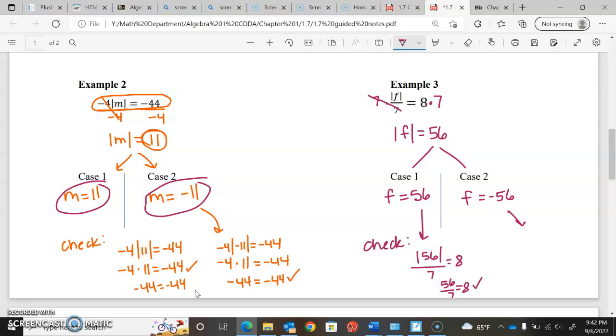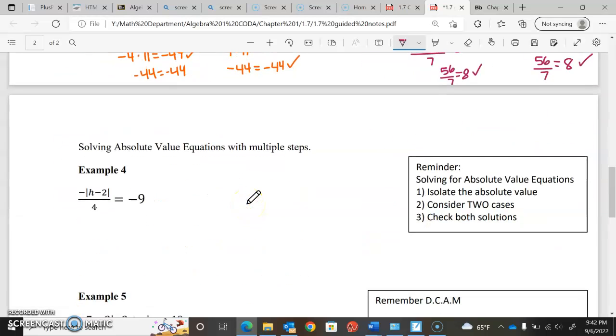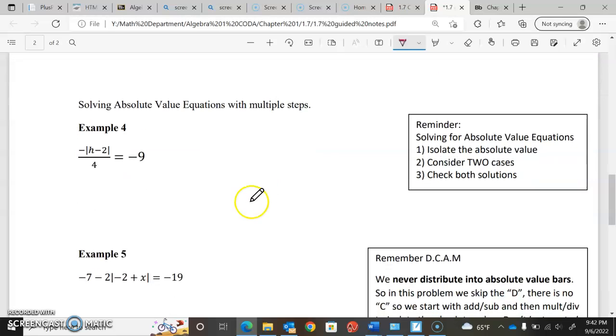Now let's plug in -56 back in for f. Well, the absolute value of -56 is also 56, and 56 divided by 7 is 8. All right, remember, you can pause and go back if you need to see these again. Now we're going to add more steps, okay?